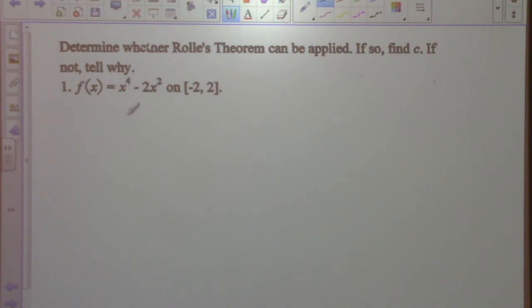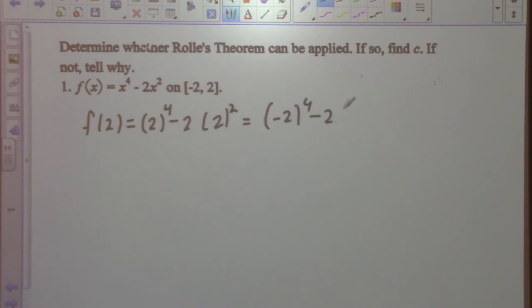So f of 2 is going to be equal to 2 to the 4th minus 2 squared, which is going to be the same as negative 2 to the 4th minus 2 times negative 2 squared. Okay, so they're the same.